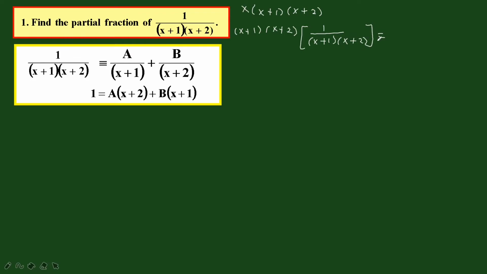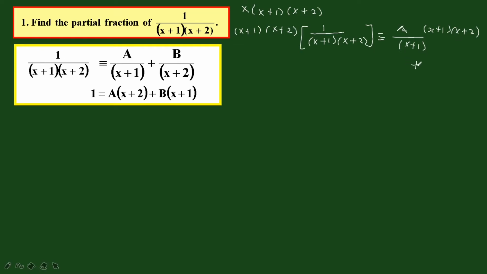And on this side, I will take my a over x plus 1 and multiply with the same thing, x plus 1 and x plus 2. I don't have enough space, so I'm going to bring the plus b to the bottom.